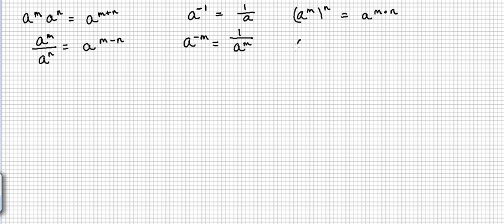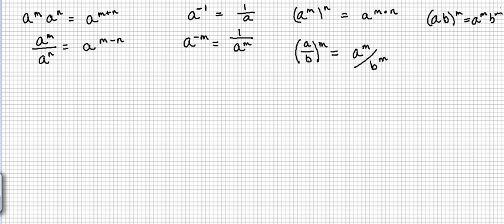We have a over b, quantity raised to the m, is equal to a to the m divided by b to the m. And then we have a b quantity raised to the m is equal to a to the m times b to the m.